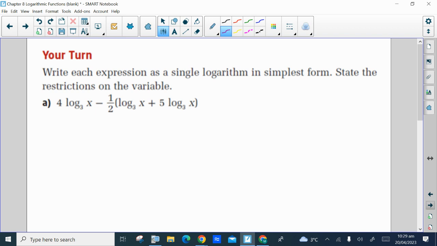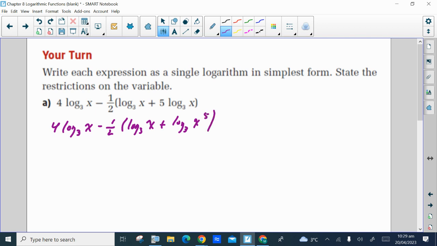Okay, so same thing for these ones. We use the laws of logarithms to write as a single log and then talk about the restrictions. So we can work inside the brackets there first. Because you're adding logs with the same base, we can use the product law. But what we should do first is take that second term and use the power law.